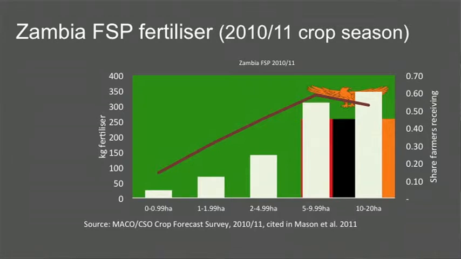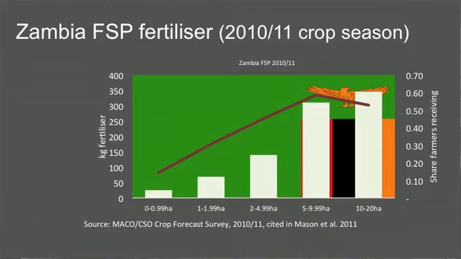I'm going to show you the 2010-11 figures for Malawi. What you find here, if I can understand Steve's chart well, is the share of farmers in different size categories who receive subsidy vouchers under the Zambian program. This is the line, not the column. Yeah.